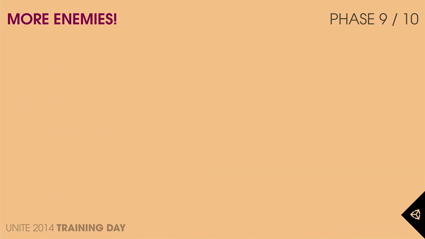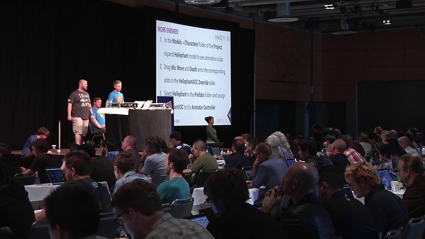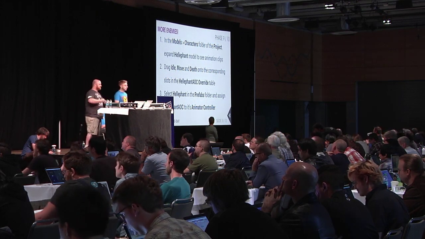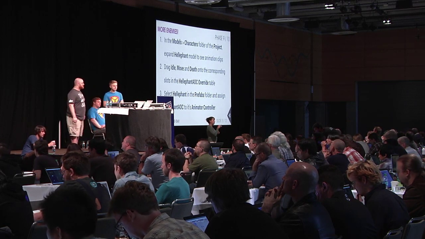And then in the models character folder, we expanded the elephant to see the clips, and we assigned idle, move, and death to the corresponding slots in that override table of states. Then finally, we've selected the elephant in the prefabs folder and assigned the animator override controller to the controller slot. So now we have 3 enemies that are set up and ready to be spawned into our game.